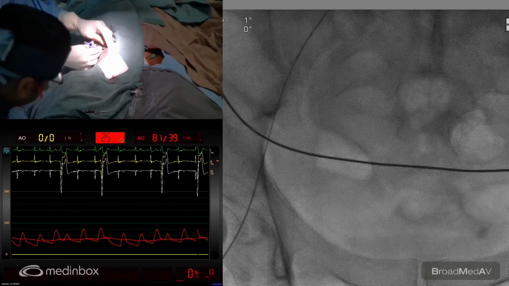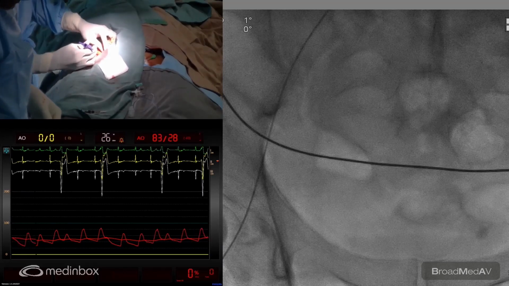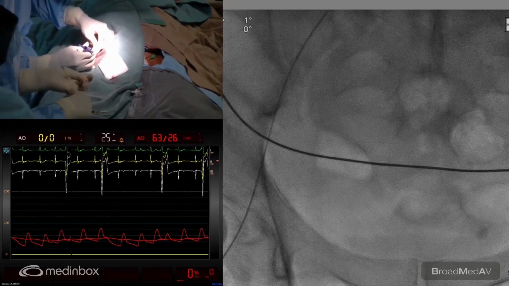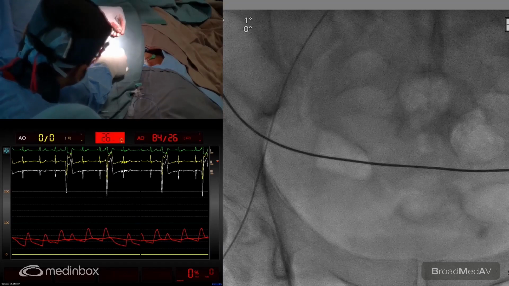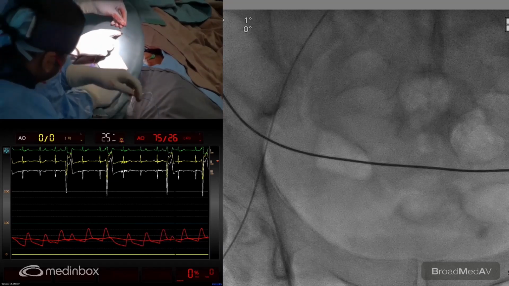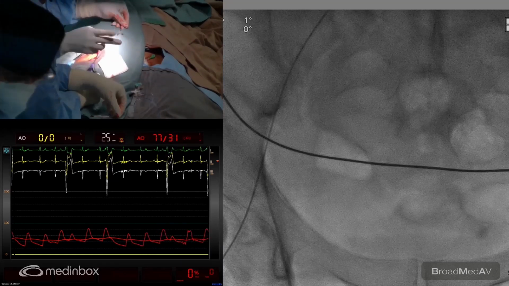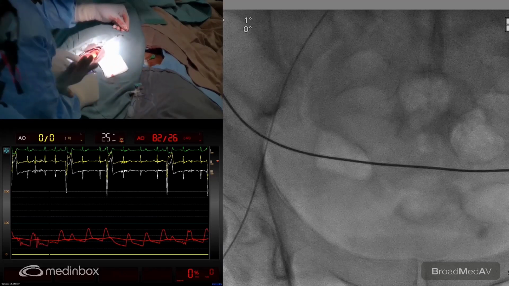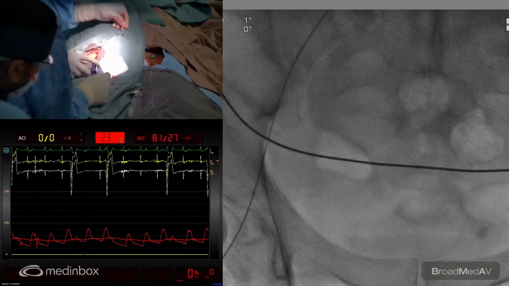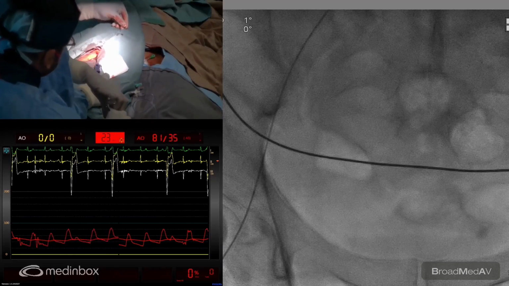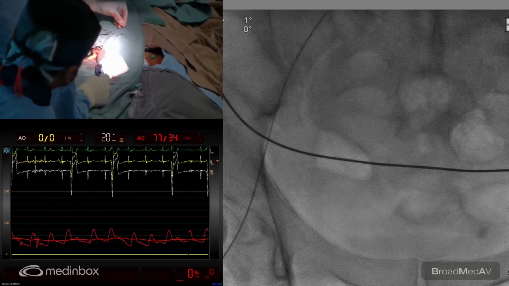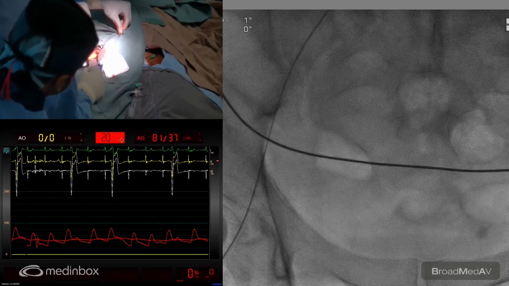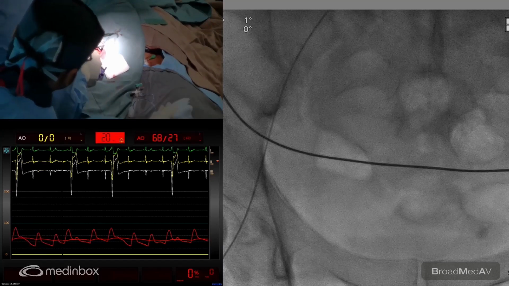Forceps, please. Wires. Artery forceps. It's very important that you take your time doing these accesses, and especially the site of the puncture has to be very, very clean.